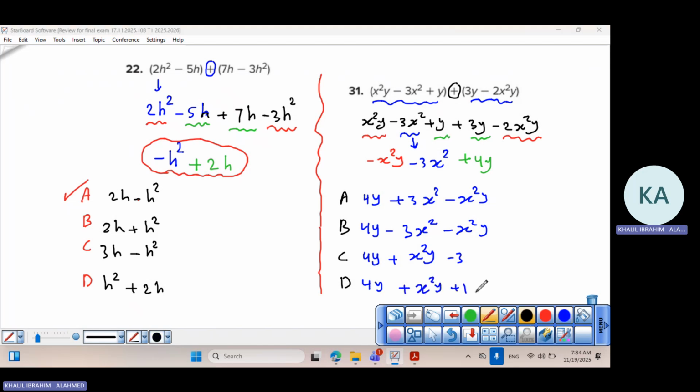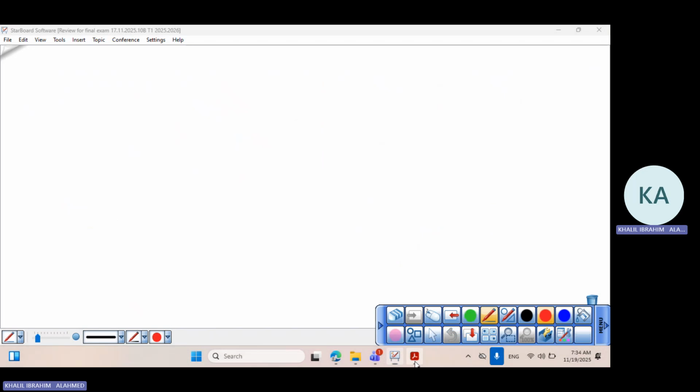Which one is right? I think B: 4y minus 3x squared minus x squared y. This is the answer. Be careful about how to select the correct answer. Don't select rapidly. Excellent. Let's move to the next question.